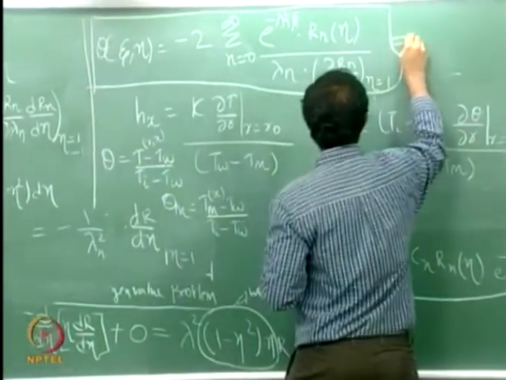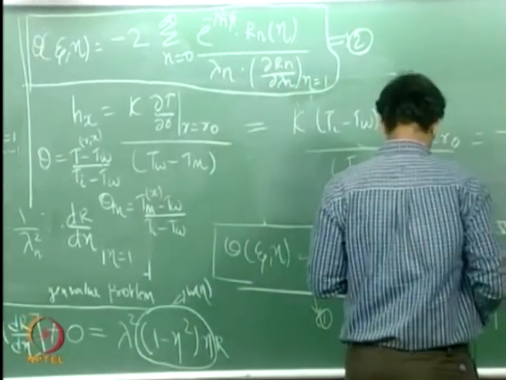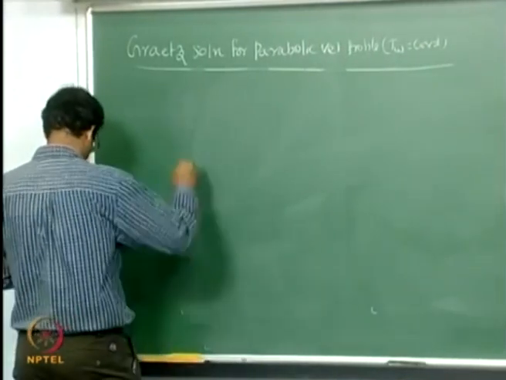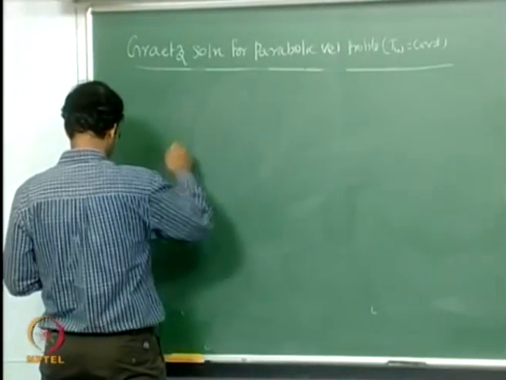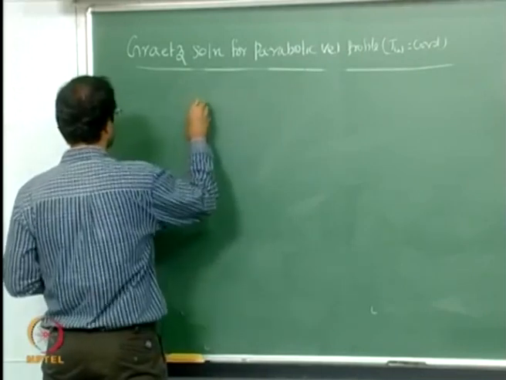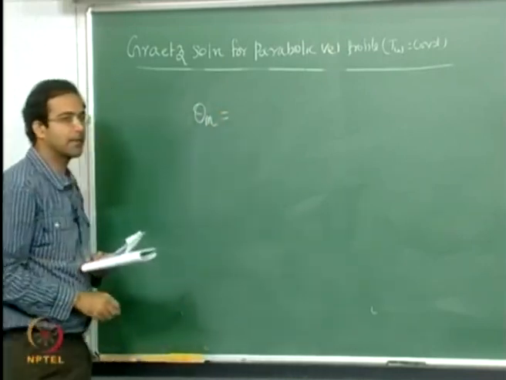Now I can go on and calculate the expression for first theta m. So I can write my theta m as follows. How do I define my bulk mean temperature?